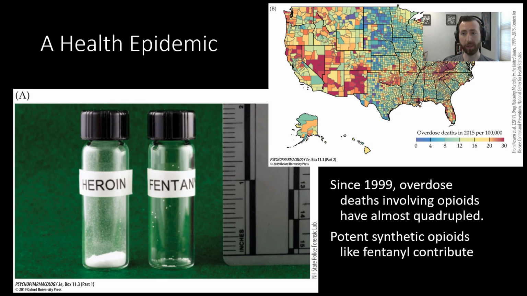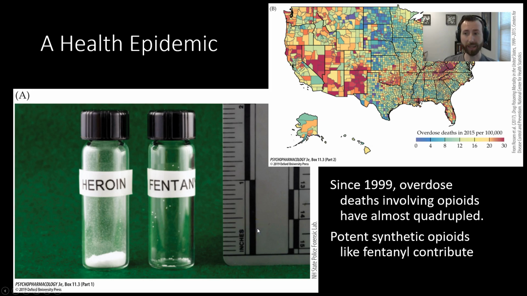In addition, we saw the popularization of several really potent synthetic opioids, such as fentanyl. Pictured here is the lethal dose for an average-sized person of heroin and fentanyl. As you can see, fentanyl is extremely potent. Oftentimes, supplies of opiate drugs on the street are cut with fentanyl to increase their potency.